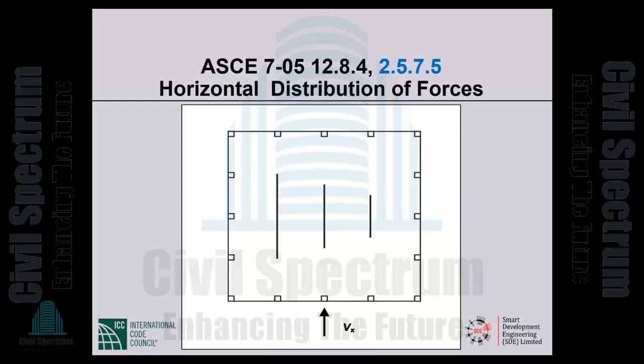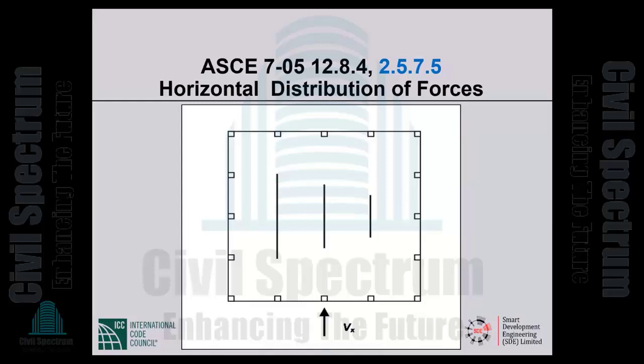Okay, so two frames, three shear walls, they will share V sub x in proportion to their relative lateral rigidities if the diaphragm itself is rigid. That means the diaphragm, the floor slab acting in plane, does not deflect too much under the lateral forces.